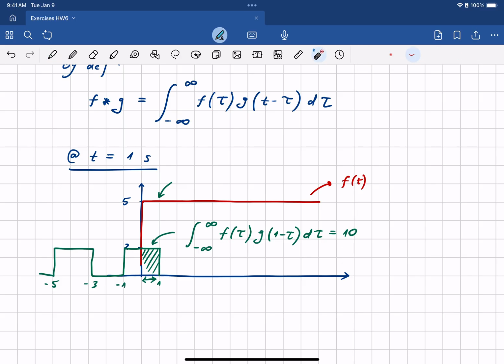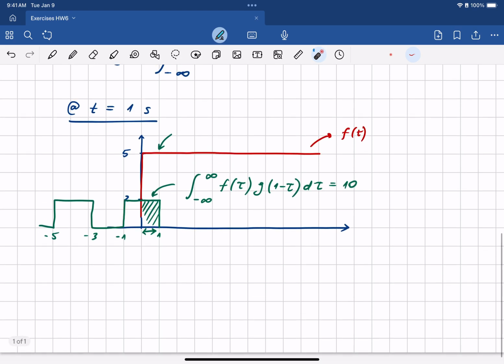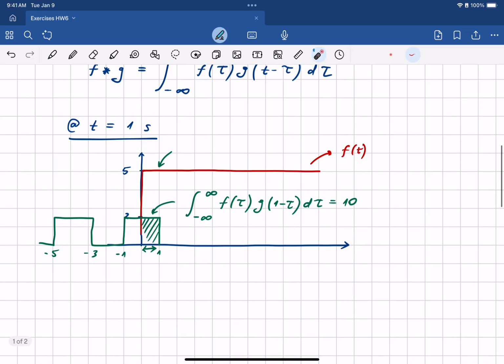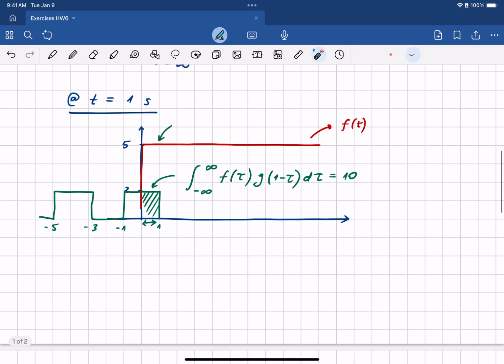So it seems like the pulse is coming, is here, then at the next step is here, then at the next point is here, and so on. So what does it mean, this 10? That means that the multiplication of those two signals for t equals 1 is 10, right? It doesn't mean that the whole convolution is 10 for any time t, but it seems like that's what is happening for t equals 1.